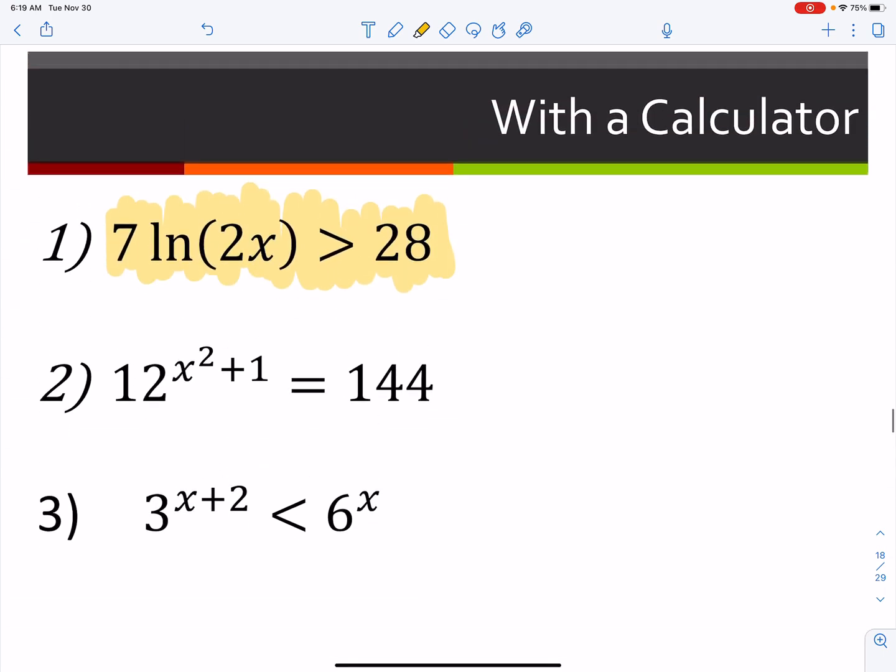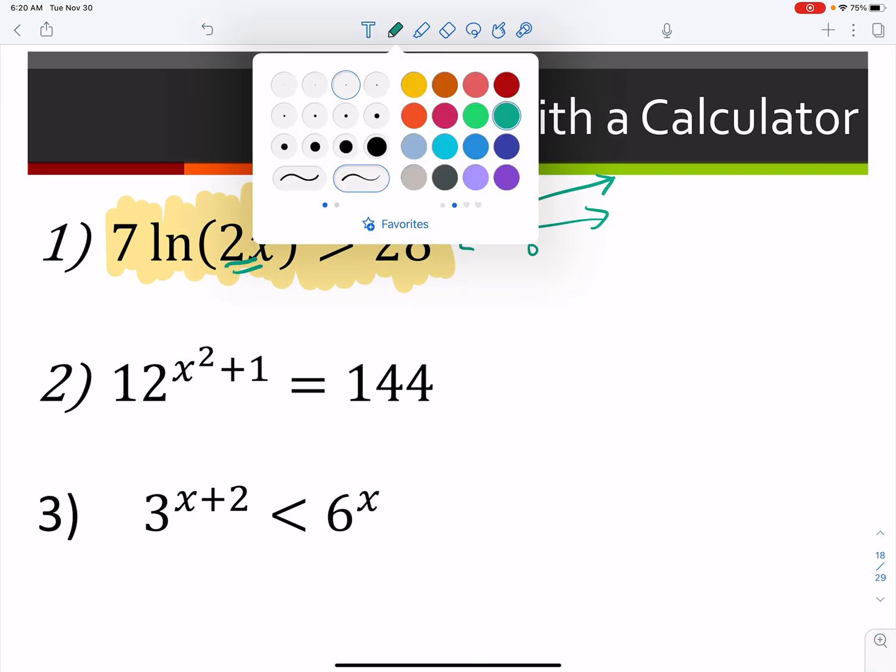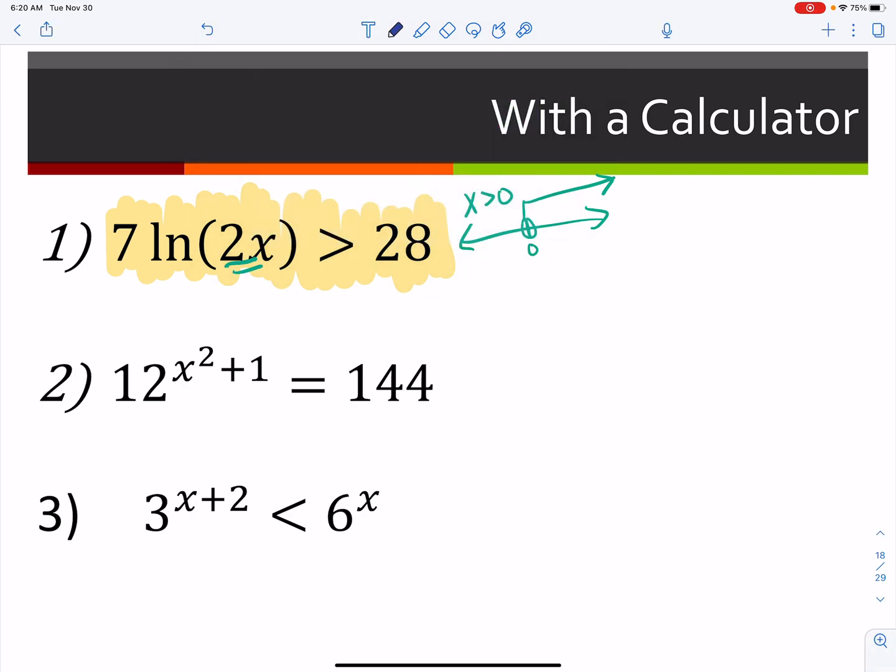Okay, so if I look at this number 1, if you didn't get that answer, first off, I know that my X has to be greater than 0, because if I do 2x equals 0, so it's got to be greater than 0. So now I'm going to solve that problem. So I'm personally going to divide by 7 first to make my life easier because that makes this a smaller number.